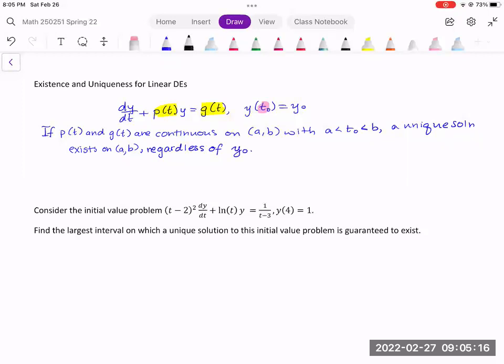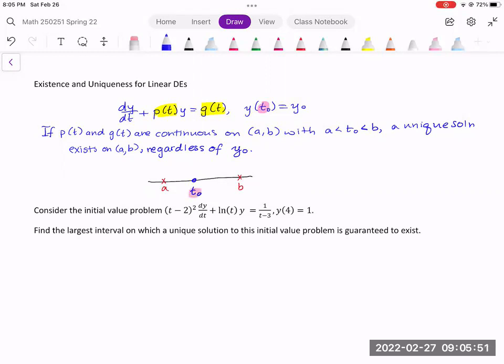Okay, so the way that we usually approach this is we think of taking the real number line and we look for the discontinuities of p and g. So we would mark, say, if we're only continuous on a to b and not at a and not at b, then we mark these discontinuities and we look for the interval that contains our initial condition, our initial time.